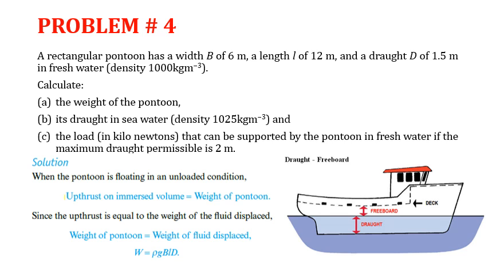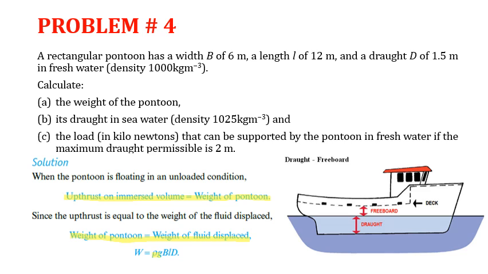So as we know, the force of buoyancy, that is the upthrust force, should be equal to the weight of the pontoon for equilibrium, and we can calculate the weight of the pontoon using this relationship, which is equal to force of buoyancy, which is weight of fluid displaced. We can calculate that weight using specific weight into volume.